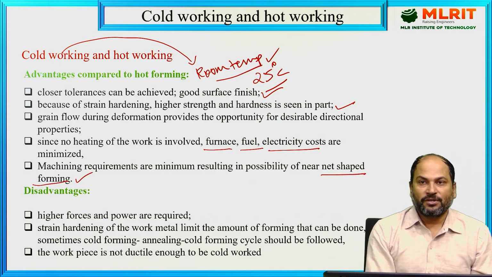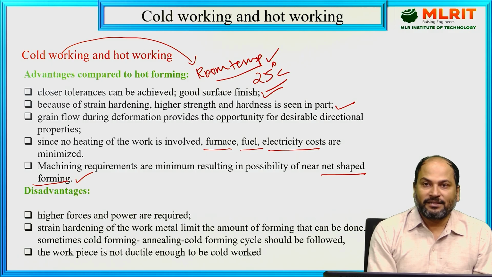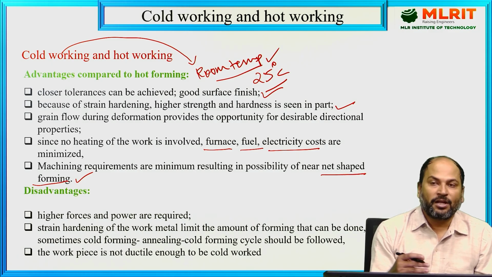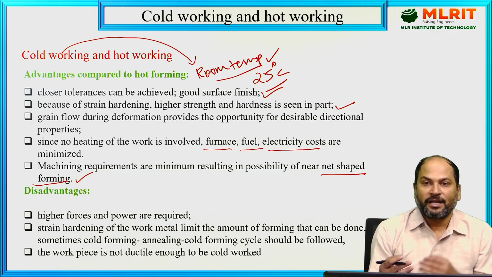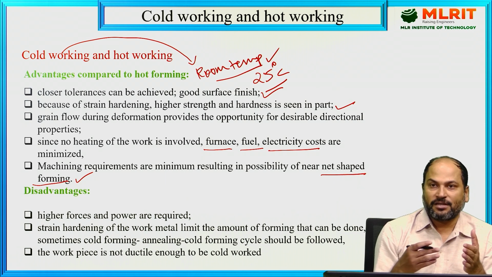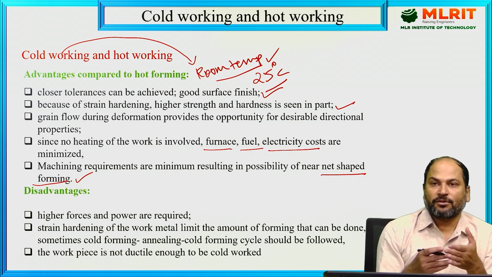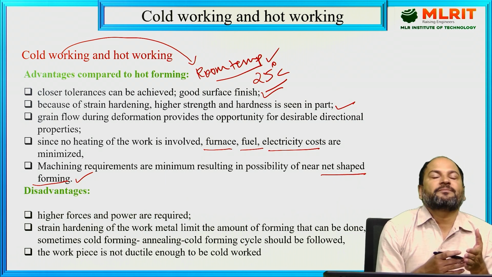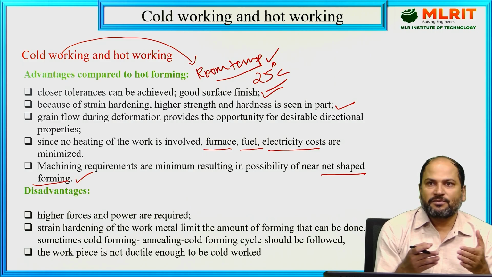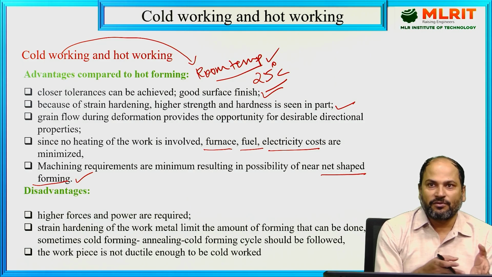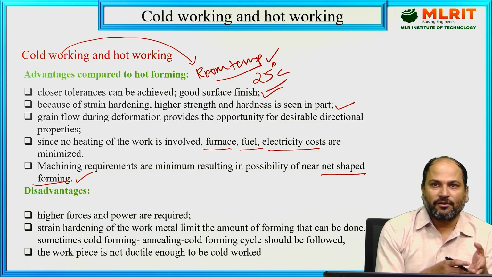Here also we can say that it is an economical process because no secondary operations are required. If machining or secondary operations are not required, obviously the expenses we would spend on them are not involved in this one. So we can save or minimize those costs.